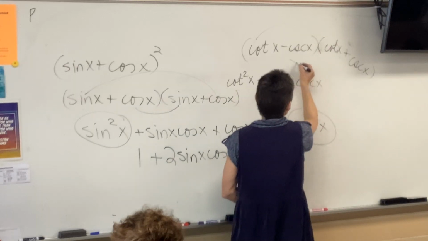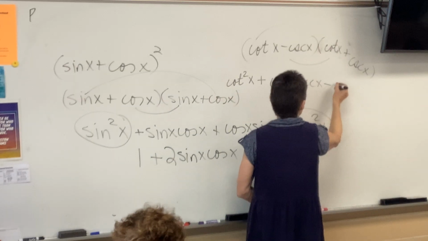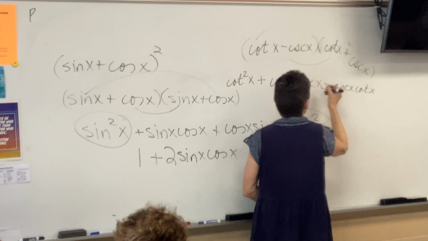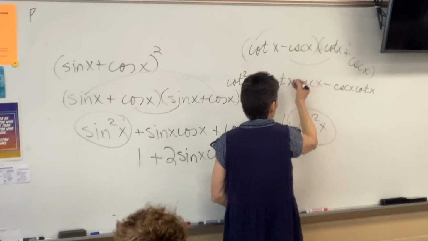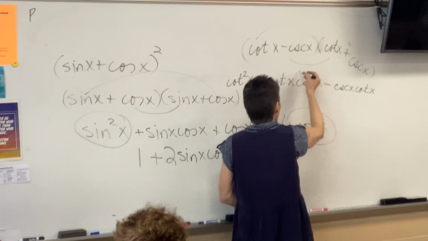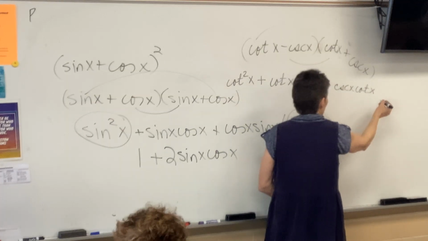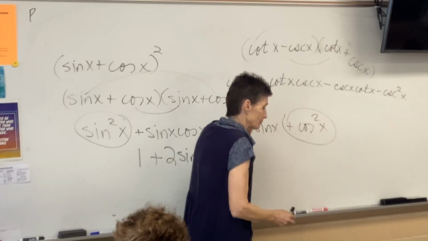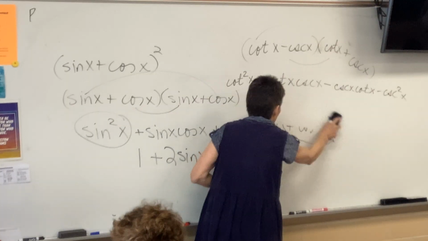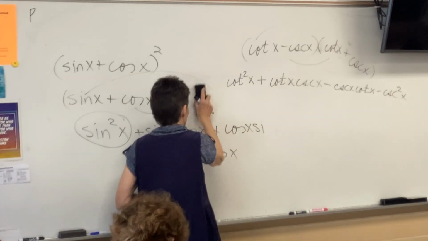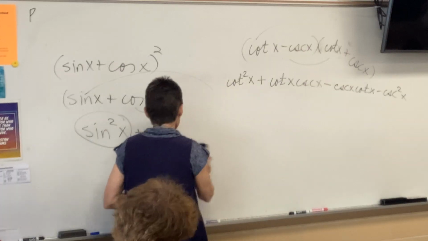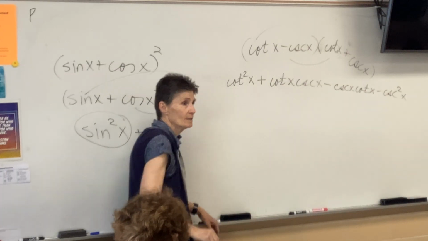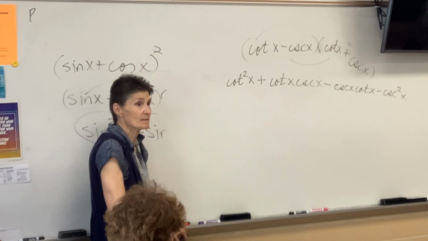And then insides are going to be negative cosecant cotangent. And then lasts will be minus cosecant squared. You need to be able to FOIL. Does everybody follow that? First, outside, inside, last.